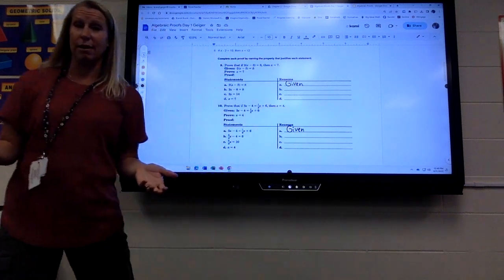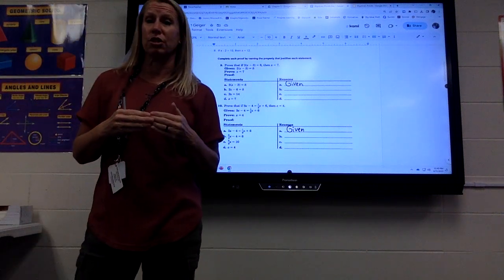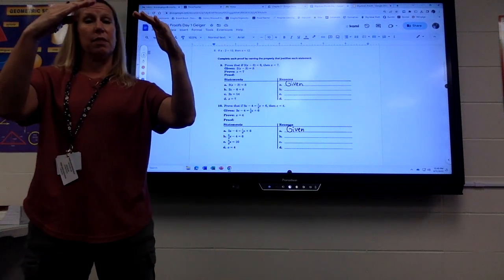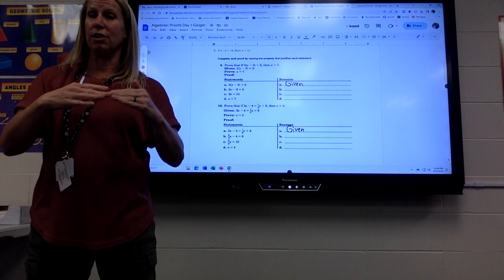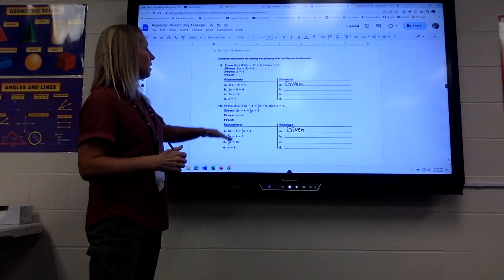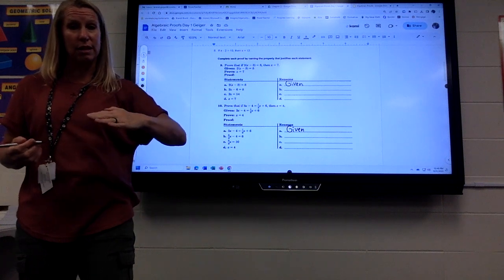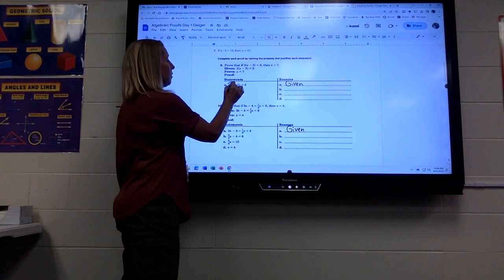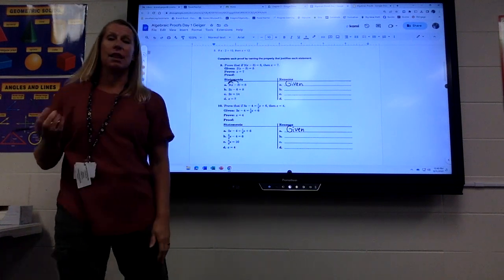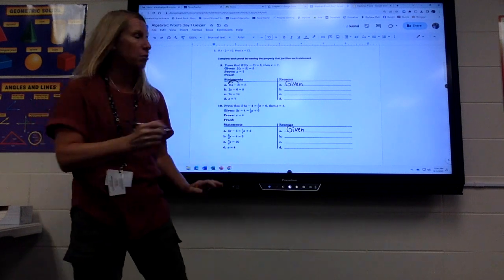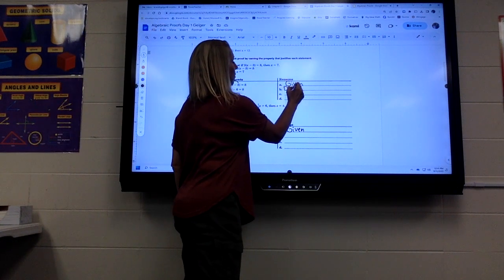Then you're going to ask yourself, how did I get from this step to this step? What did I do? If we look from step A to step B, what did we do to get from that step to the next step? Well, I did 2 times x and 2 times 6. That is called the distributive property. So that's what we will put.